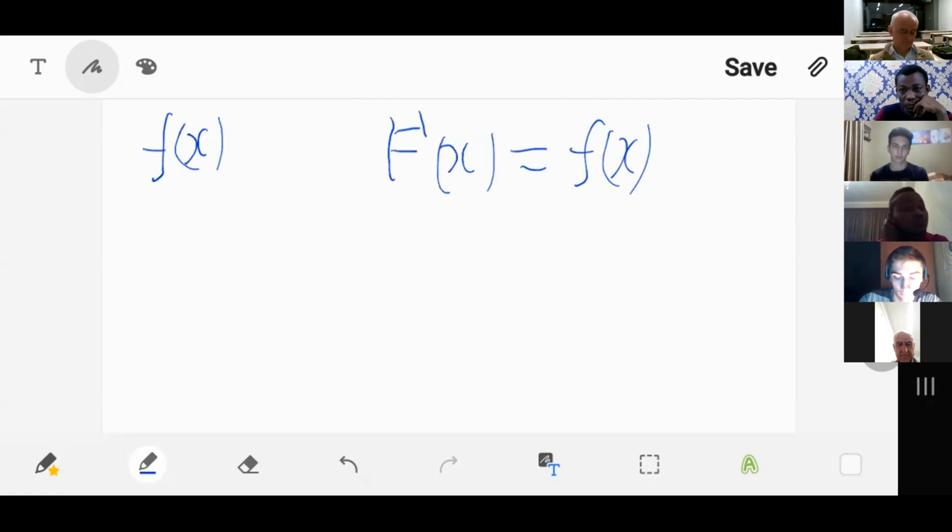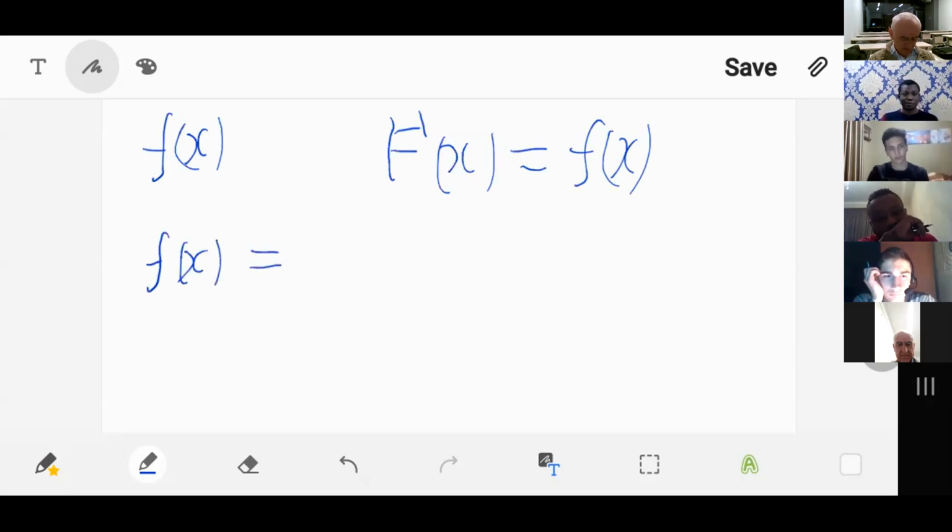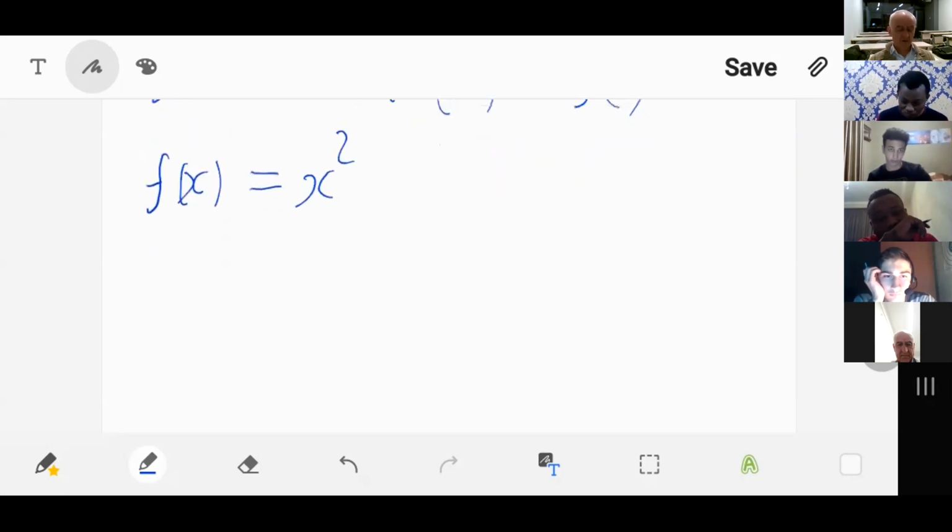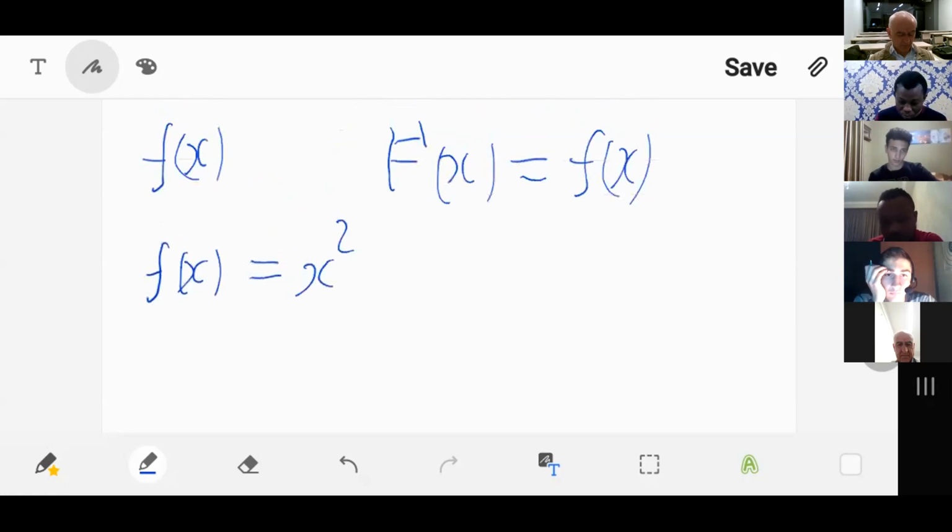Example. For example, f(x) equals x squared. My question is, what is the antiderivative of this function? Let's denote it by capital letter F(x). Any idea?